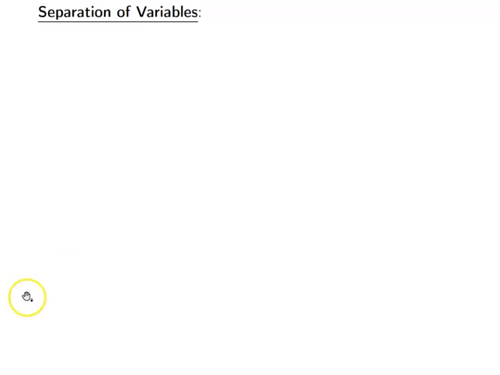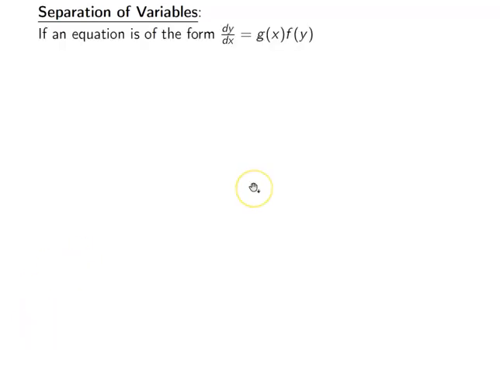So first, let's talk about separation of variables. Separation of variables is when we have two functions that are being multiplied times each other, where one function is completely in x, one function is completely in y. So the derivative of our solution function can be seen as the product of two separate functions, one totally x, one totally y. Sometimes we have to do some manipulation here, and we might have to factor some stuff out. We might have to get a little bit creative with our algebra in order to separate these into two separate functions.